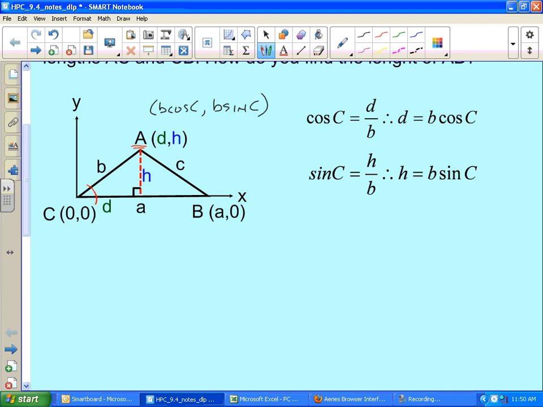So we find the d value of that little triangle as being b times the cosine of C. Doing the same thing for h, using sine of C, sine being h over the hypotenuse b, and solving for h, we get h equals b sine C. So those are the new coordinates that I have for d and for h.